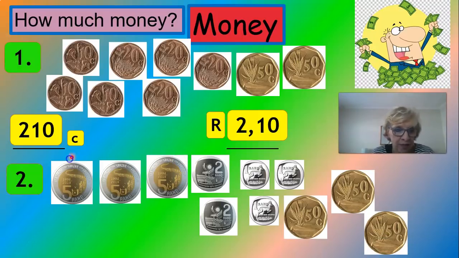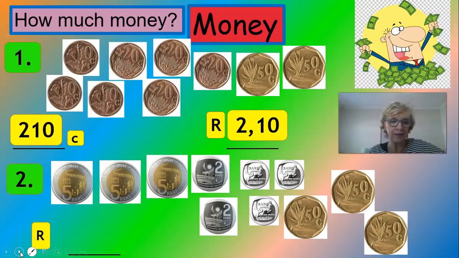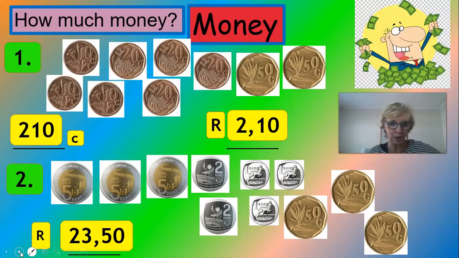So 5 plus 5 plus 5 is 15, 17, 19, 20, 21, 22. Those two 50s make 23, and then there's a little 50 cents that's left over that goes after the comma, remember? And what is our total in rands? 23 rand and 50 cents. Great.